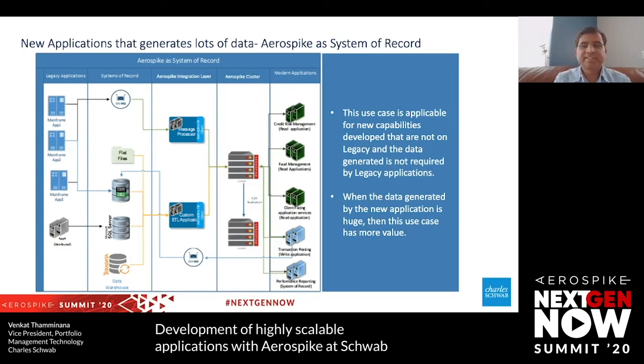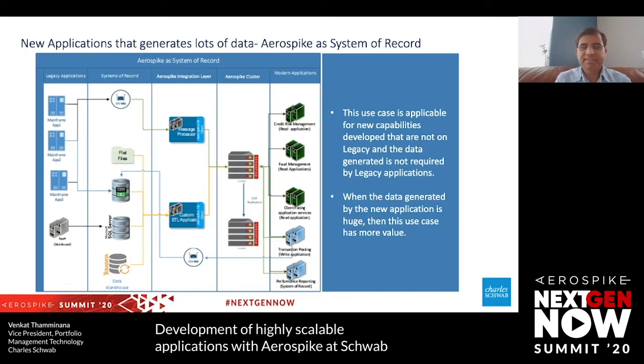So we don't need to write to any system of record. Instead, we made Aerospike our system of record. So both the reads and writes are managed by the modern layers, but Aerospike is also acting as a system of record.